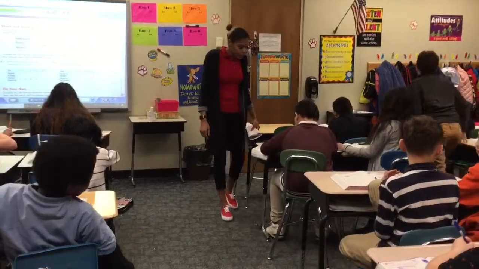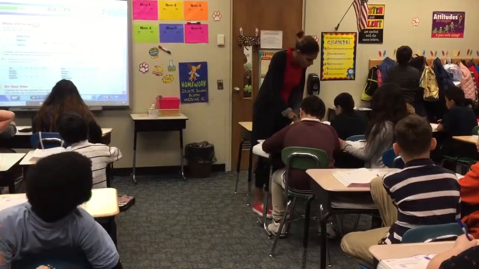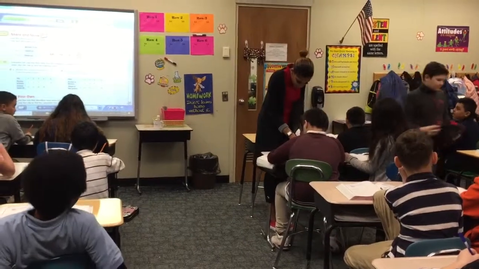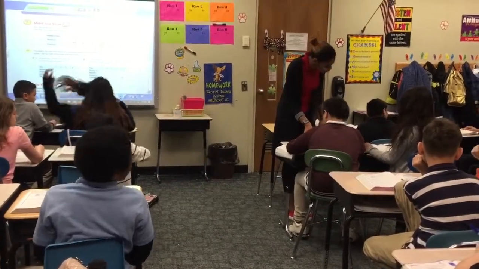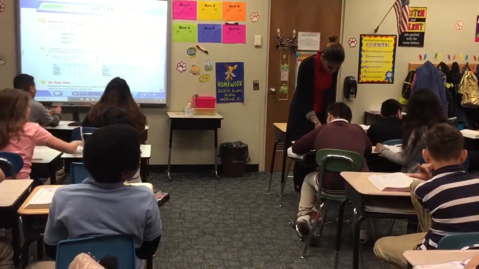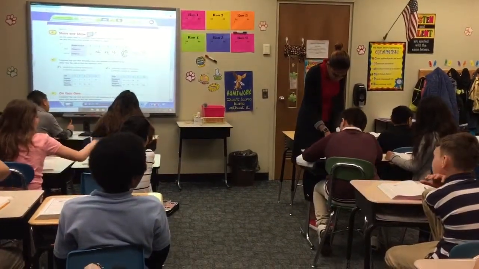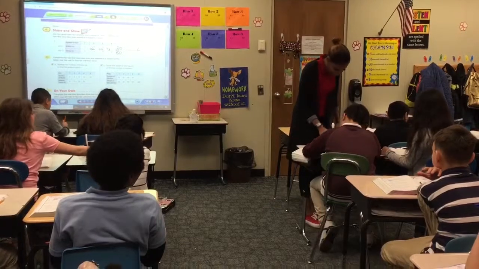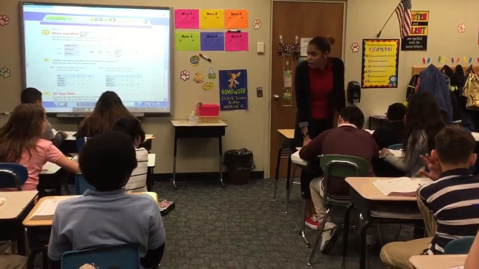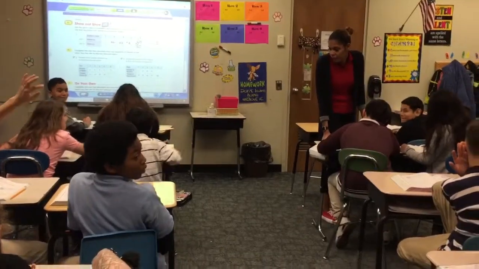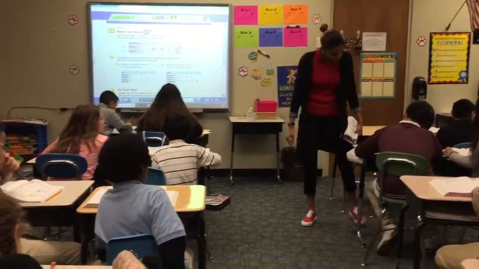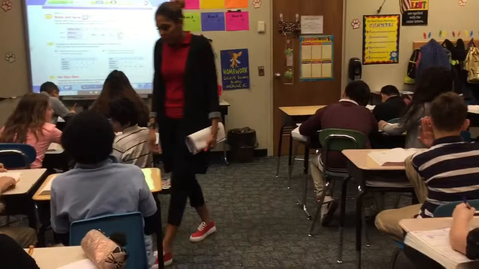So it's going up by how much? Tens. So it's going up by tens. But we skipped from 4 to 12. So if 4 was 40, how much would 12 be? Not 1,000.